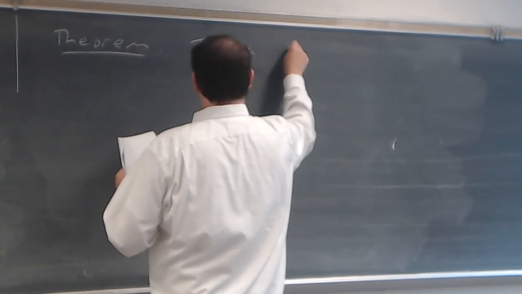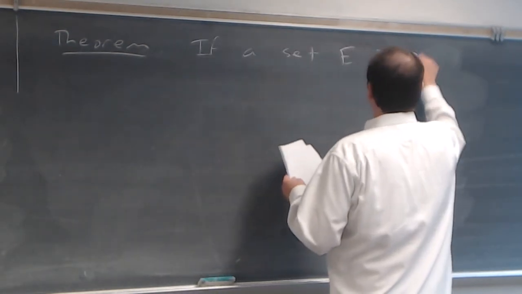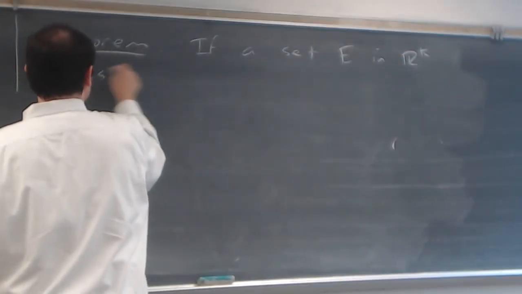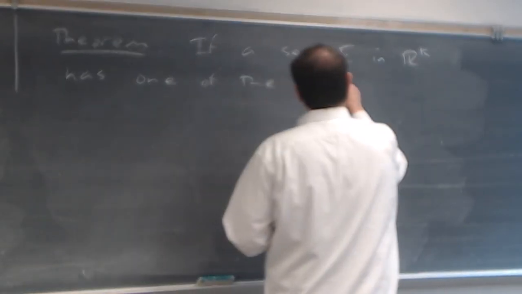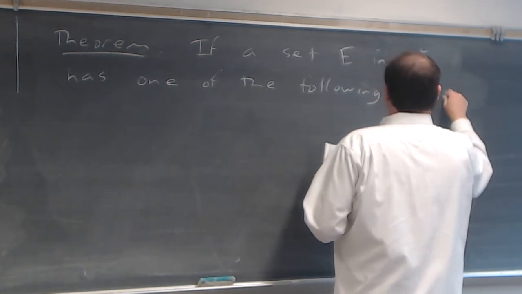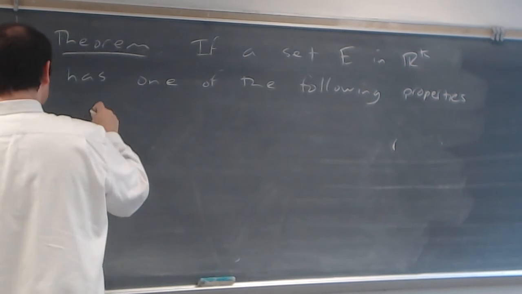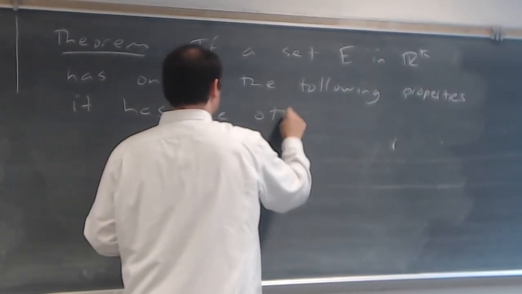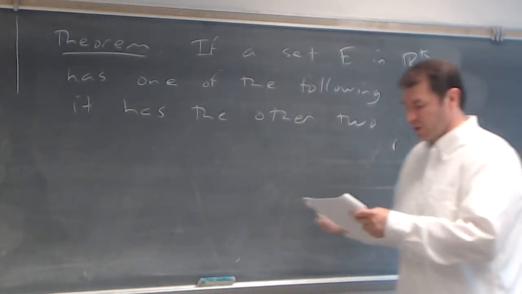If a set E in R^k has one of the following properties, it has the other two.